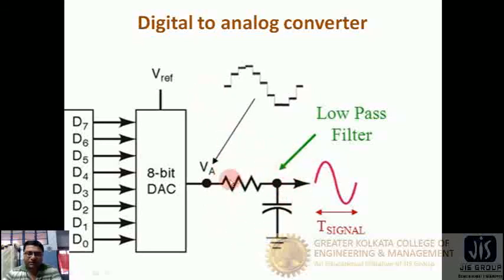It is a low pass filter, a resistance followed by a capacitor. All the high frequencies are grounded and the low frequencies will be transmitted to the output. With the help of this low pass filter we recover the analog signal from a digital signal.